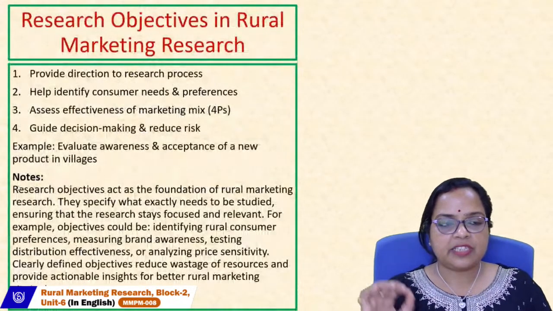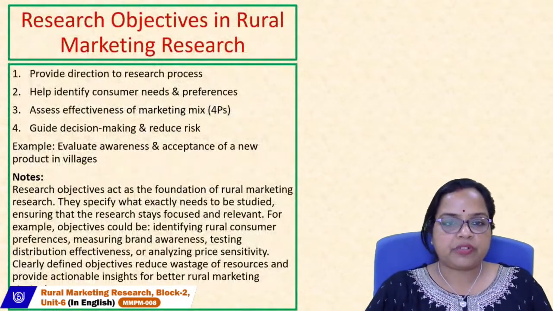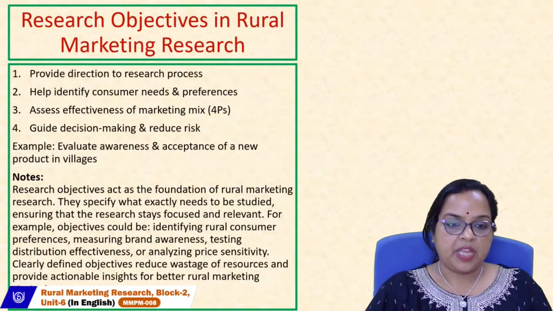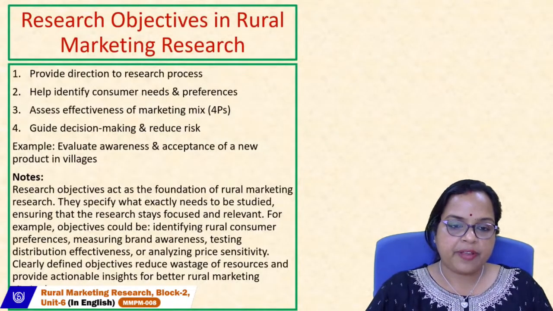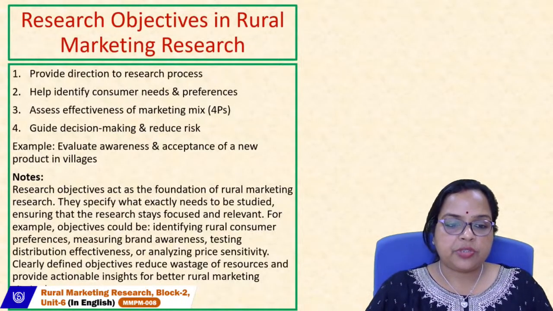If you are considering this as a research problem, you are going to write research objectives for that particular research problem. Research objectives act as the foundation of rural marketing research. They specify what exactly needs to be studied, ensuring that the research stays focused and relevant.